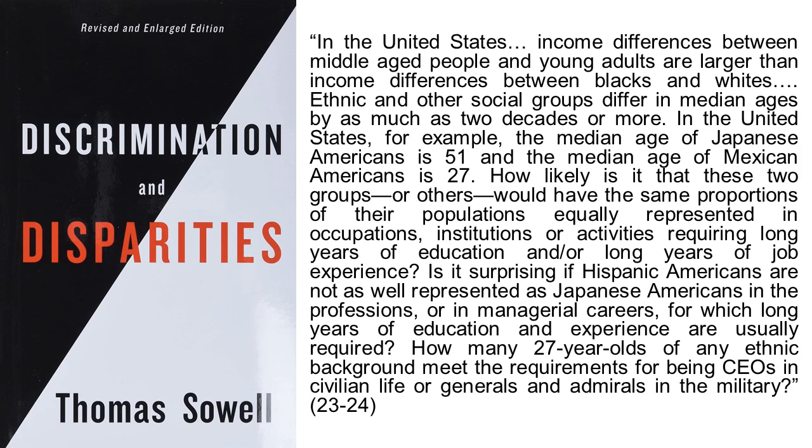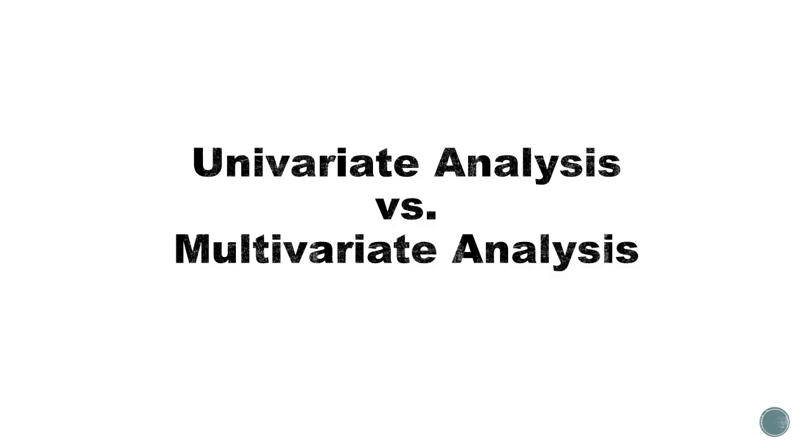Let me explain it to you in very, well, not so simple terms. I'm going to add a couple new terms to your vocabulary today. There's a difference between univariate analysis and multivariate analysis. Has anybody heard these terms before? Okay, some of you have. Let me explain what these mean. A univariate analysis is when you're doing a statistical analysis measuring only one variable, for example, race.